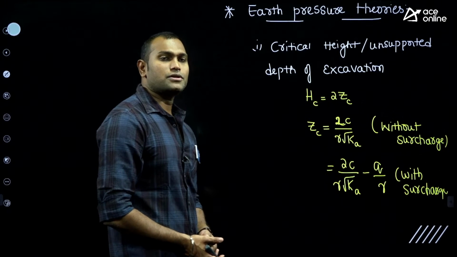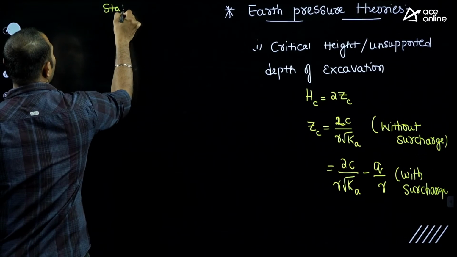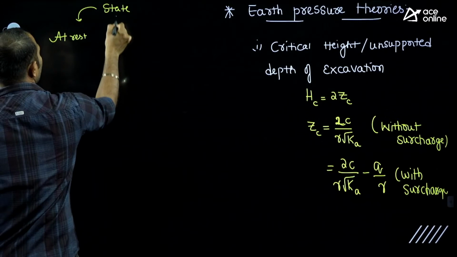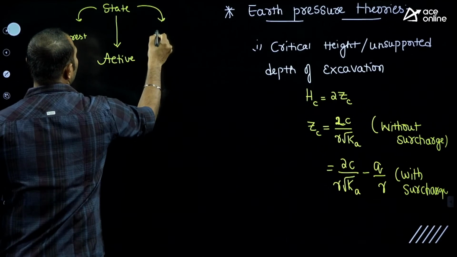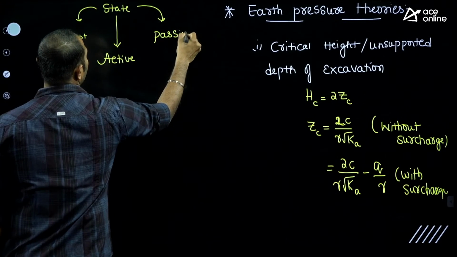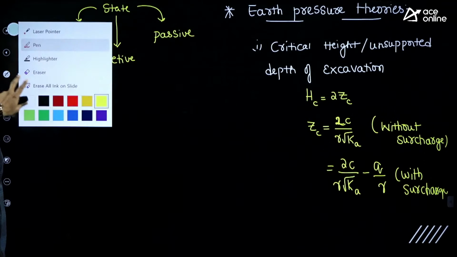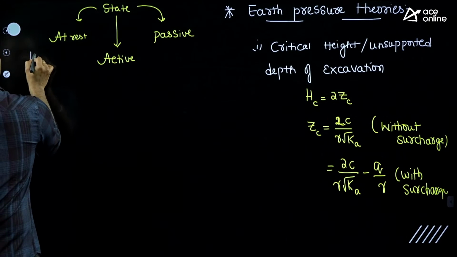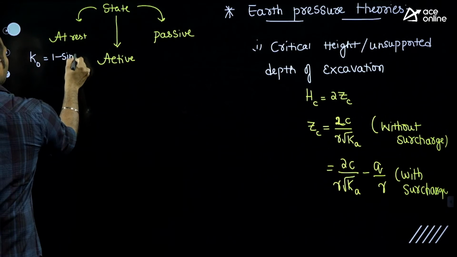And number two is, we know there are 3 states. The states of the soil are the at rest condition, active state, and passive state. In the case of the at rest condition, the K0 value for cohesionless soils is 1 minus sin phi.